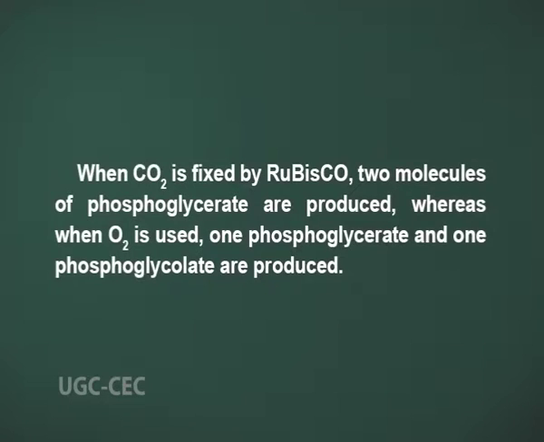So, the reactions begin in the chloroplast with the oxygenation of ribulose bisphosphate or RuBP. When carbon dioxide is fixed by Rubisco, 2 molecules of phosphoglycerate are produced, whereas when oxygen is used, 1 phosphoglycerate and 1 phosphoglycolate are produced. Photorespiration involves conversion of the phosphorylated glycolate to the amino acid glycine.